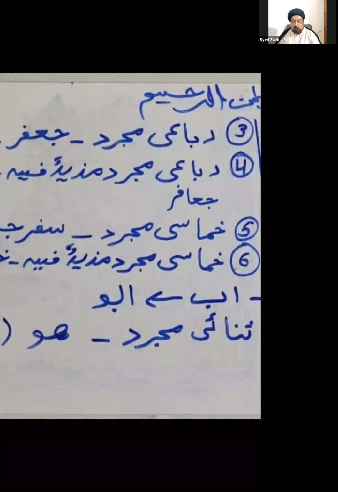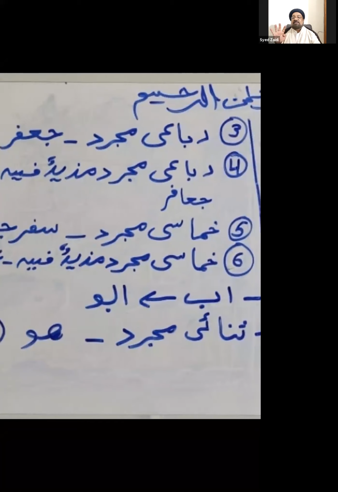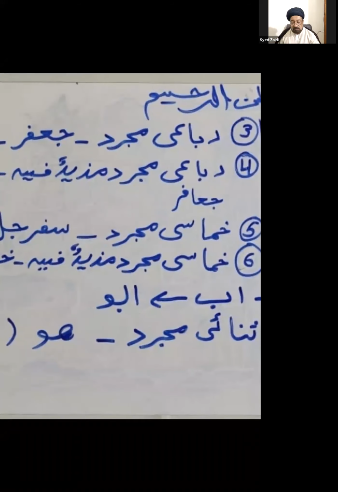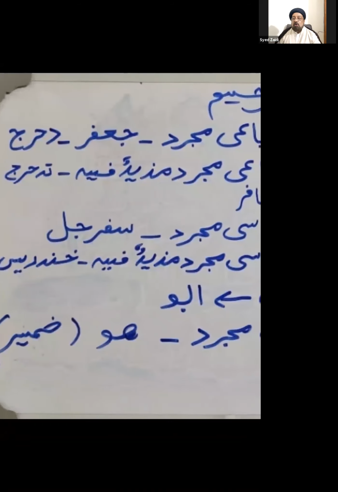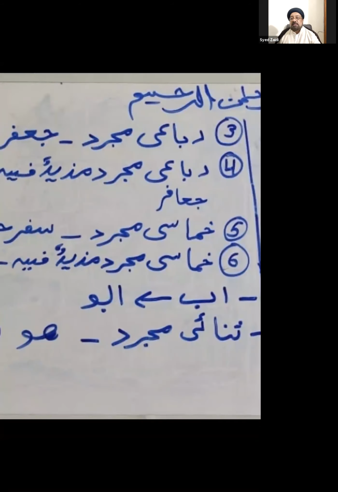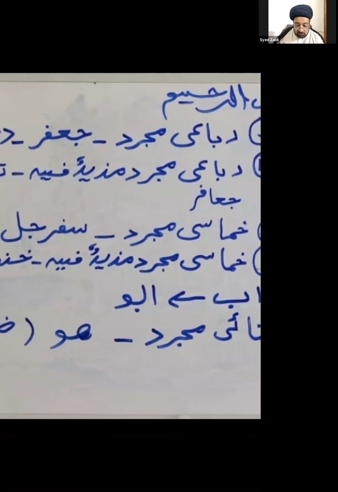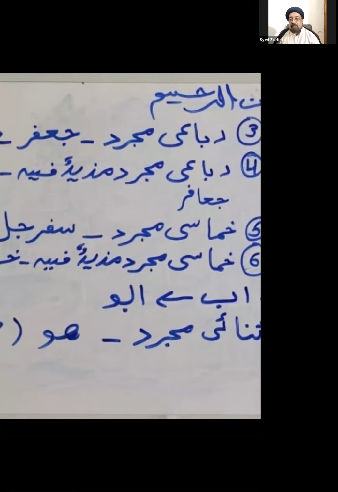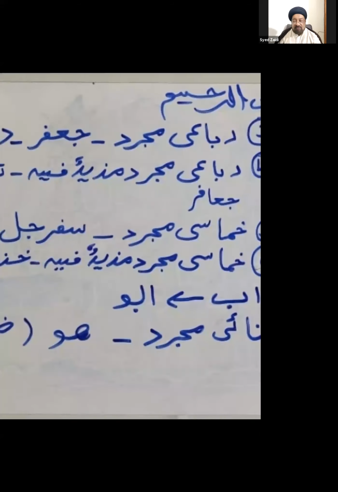But once you come to khumasi, 5-letter words, no word from fi'l can you find. You cannot find a word that is also fi'l and consists of 5 letters. That's not possible. Therefore, only ism has 5 letters.